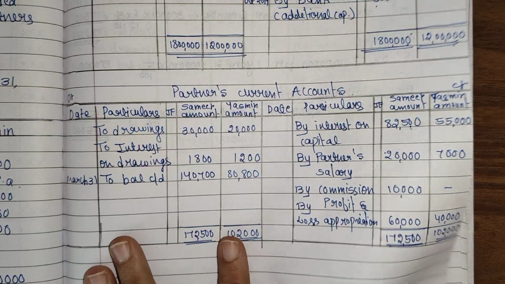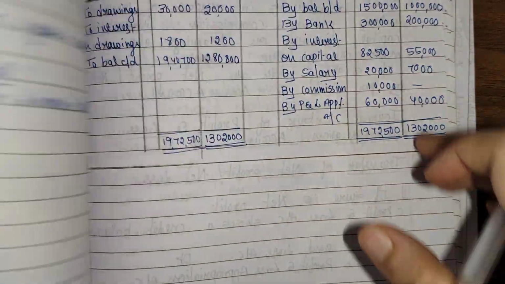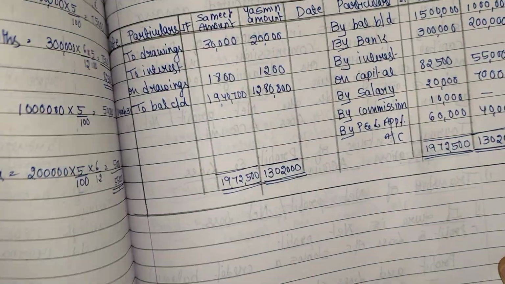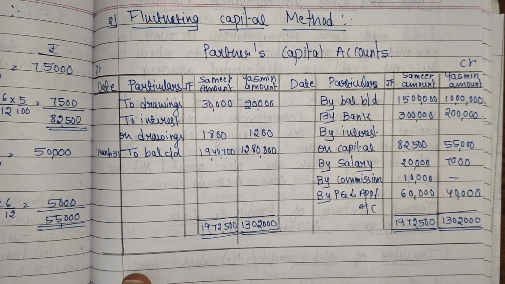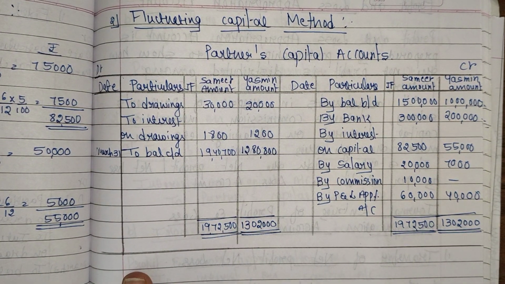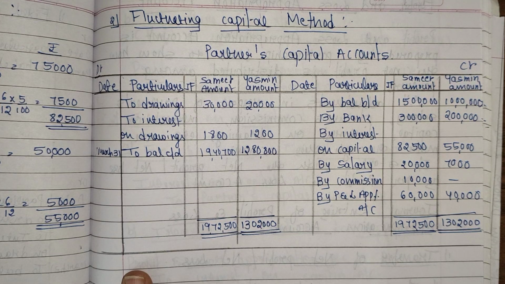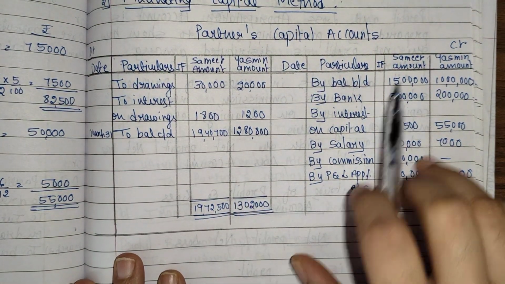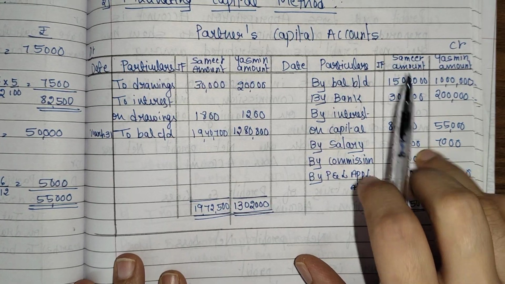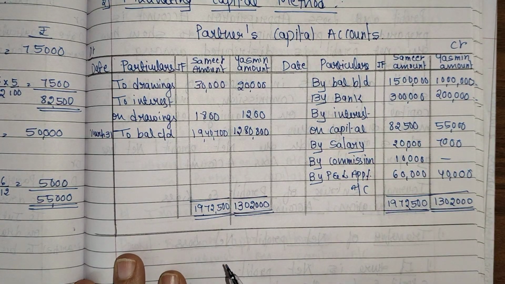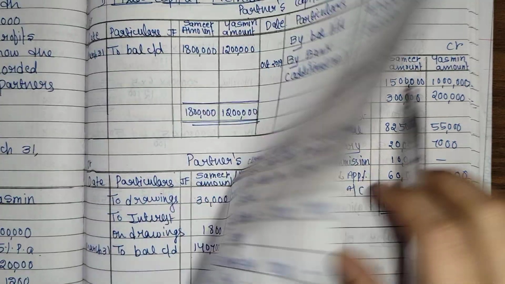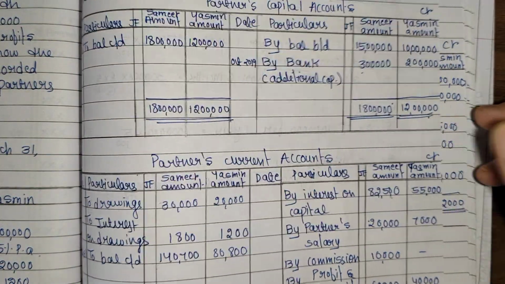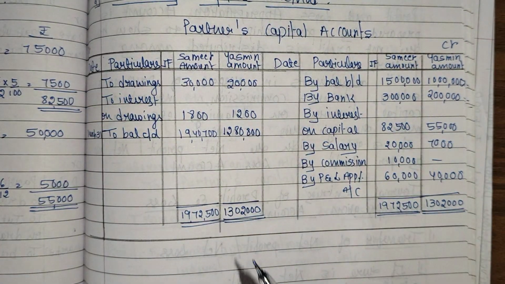Clear? That's it. Now next one is the fluctuating capital method. Here also the same format. Here we are going to maintain only one account, that is the partner's capital account. First, by balance brought down, opening balances, opening capital 15 lakh, 10 lakh. By bank means additional capital introduced, that is 3 lakh and 2 lakh.